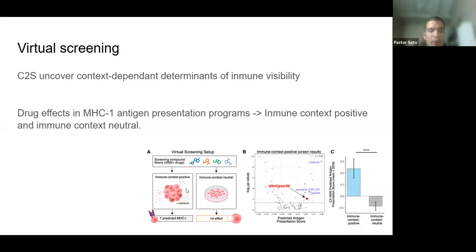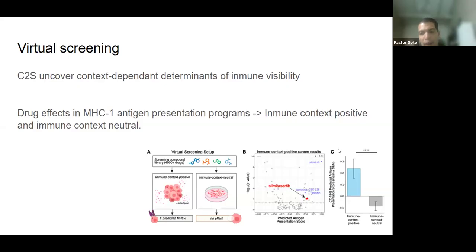And they test in two different conditions. One with the immune context positive, which is low interferon levels, and the other one is in context neutral, which is with no interferon levels.